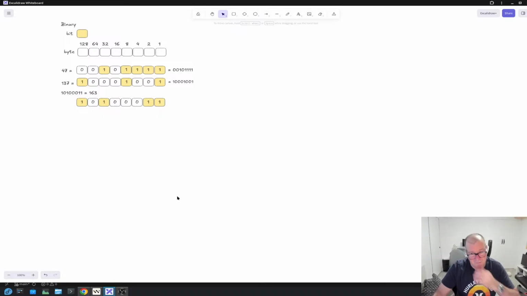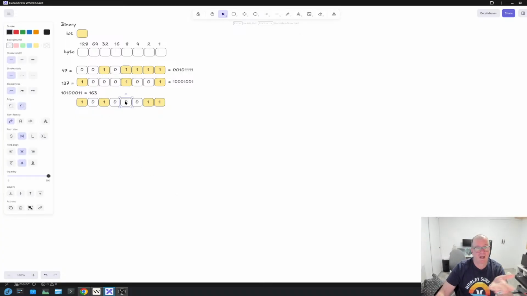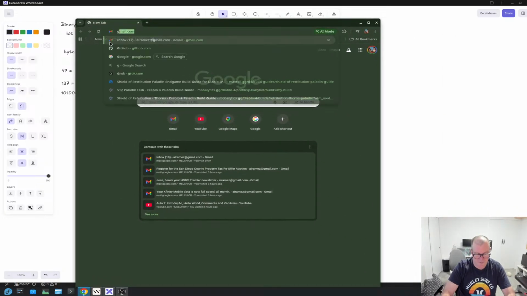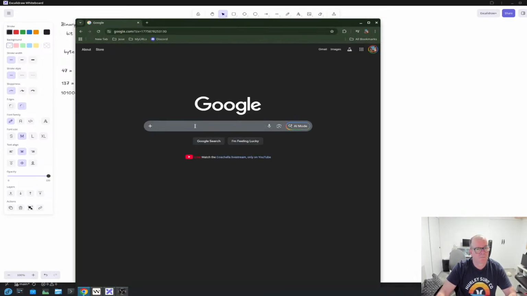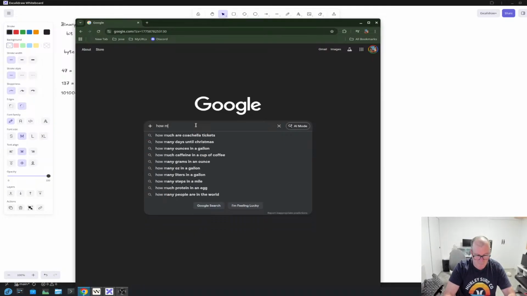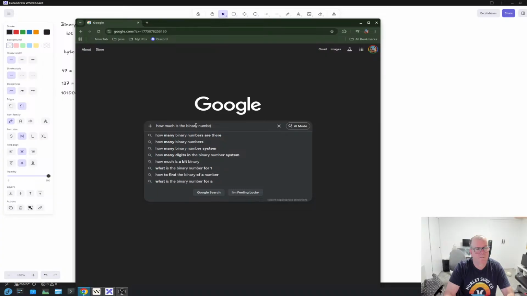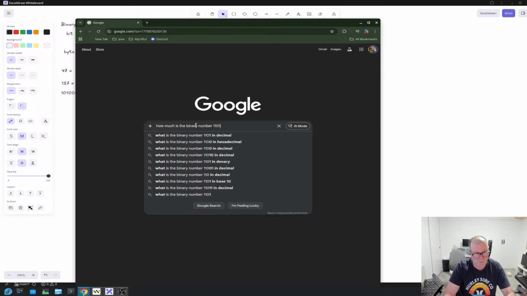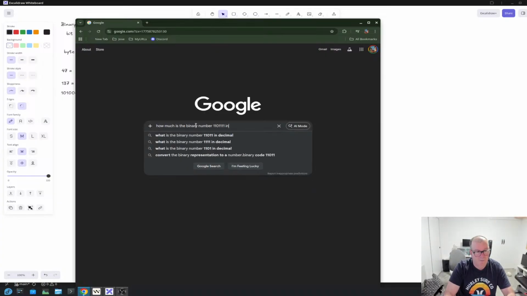So you can do some exercises, and now you can use AI to convert this in binary. It's going to answer you very quickly. Even now, if you go to Google, you can do something like this. Google, how much is the binary number 1101111 in decimal?